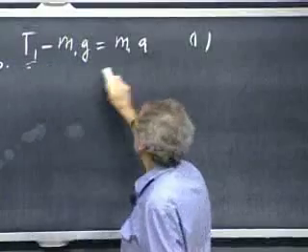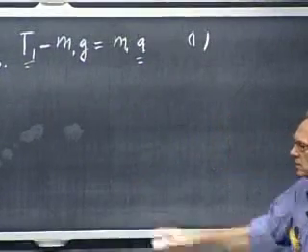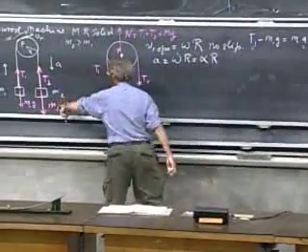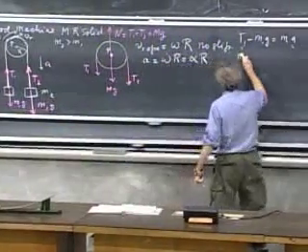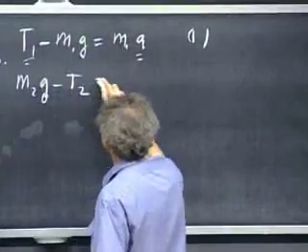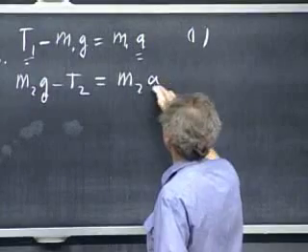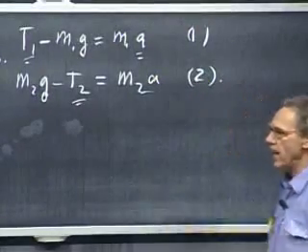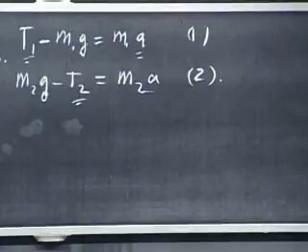I don't know what T1 is, I don't know what A is. Second equation for this one. I call this the positive direction. m2g minus T2 must be m2a. Second equation. One unknown has been added. So I need more. Of course I need more.